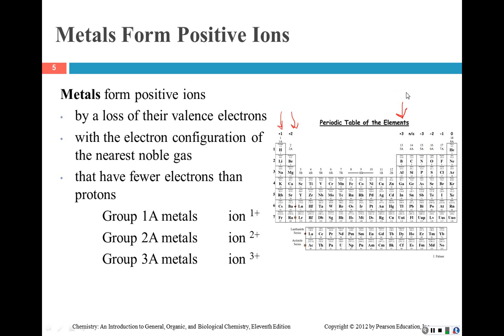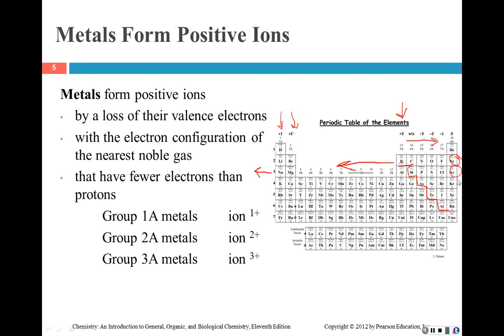And the metals are those elements that are basically along this jagged line here, okay? And that's how we can tell everything to the left of that is a metal, everything to the right of that is a nonmetal. And so what these do is they tend to, on this side of the chart, lose, because they've only got 1 or 2 in their outer shell, they tend to lose to become the configuration of this noble gas.